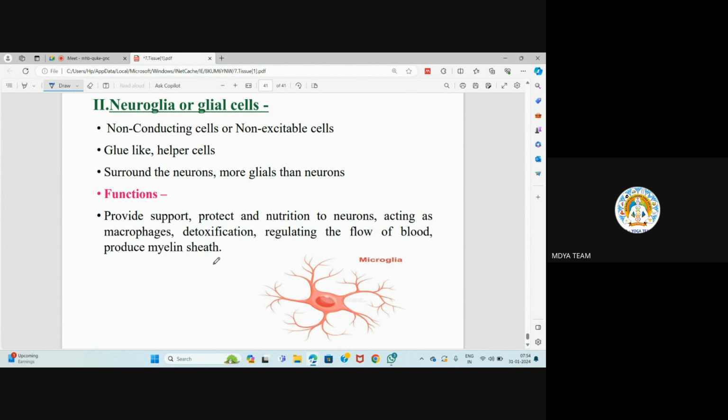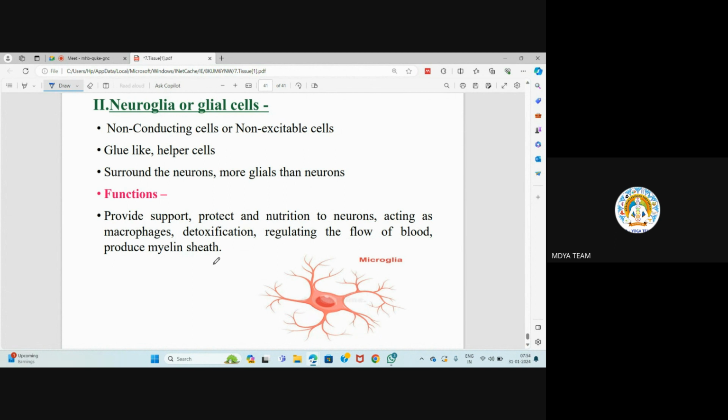Where can we see myelin sheath? In the outer layer covering the axon. And what is myelin sheath made up of? Schwann cells. Very good, Schwann cells.